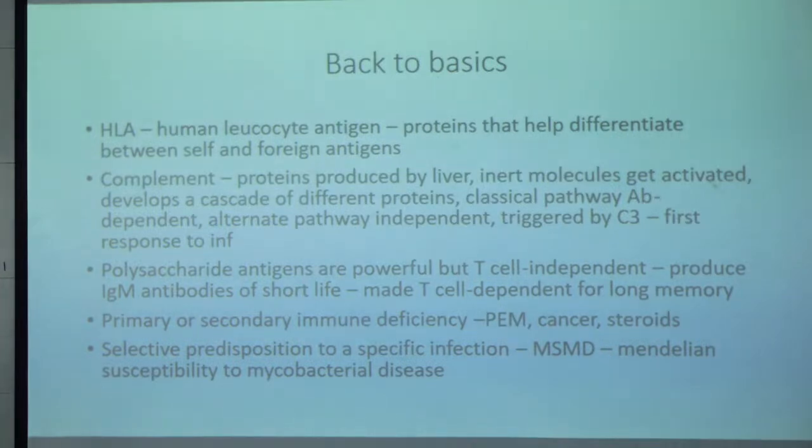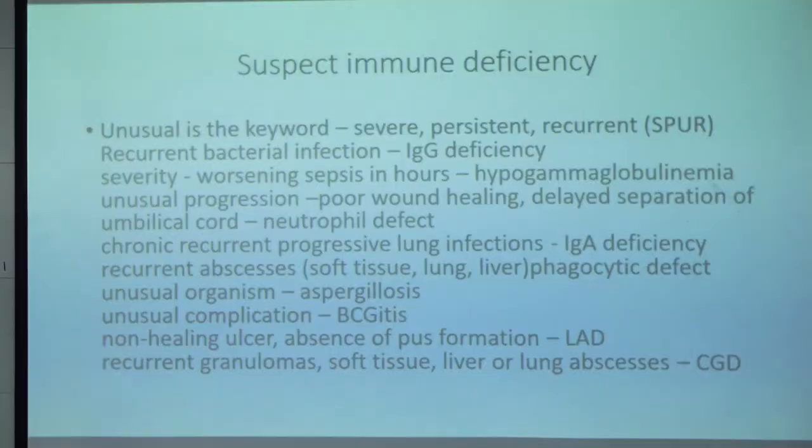Not very common, surely, but today we do have case reports where a child is immunocompetent in the usual way, but selectively seems not to be able to take care of a specific infection. The typical Mendelian susceptibility to mycobacterial disease is a classical example, where a very benign and easy-looking atypical mycobacteria also causes severe disease. Now this is where you have a selective kind of deficiency. So keep all this in mind when you approach that.